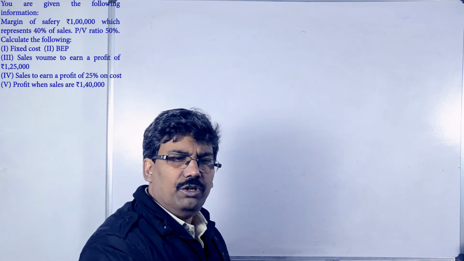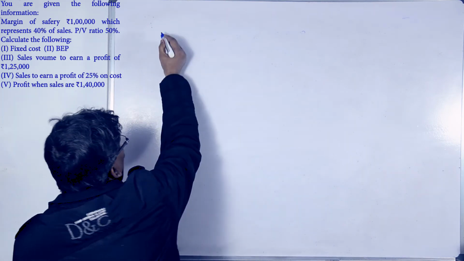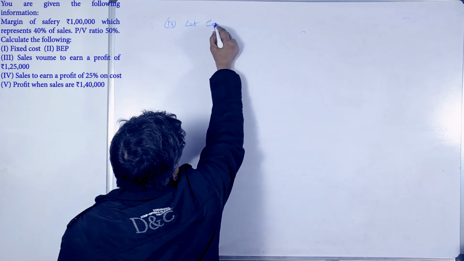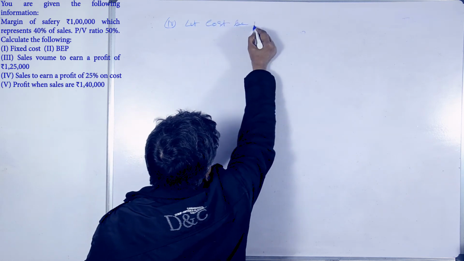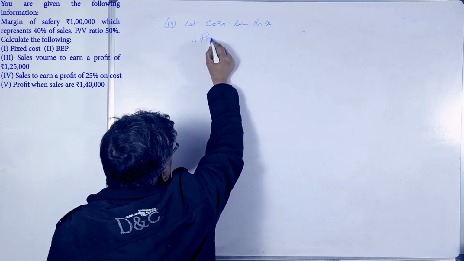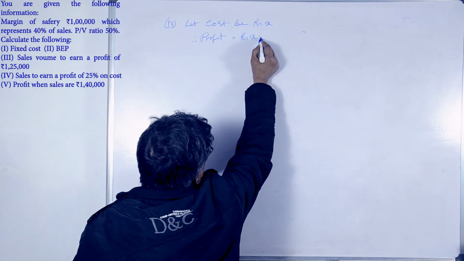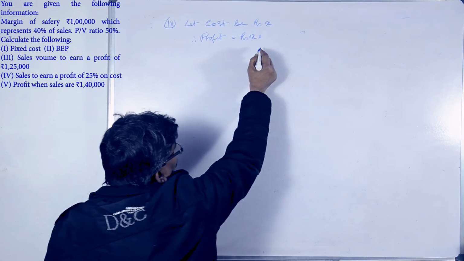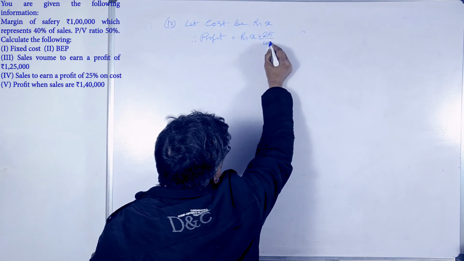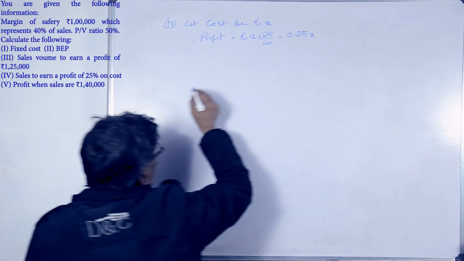In number 4 it is given, we have to calculate the sales to earn a profit of 25% on cost. Let cost be rupees X, therefore profit equals to 25% of X means 0.25X.